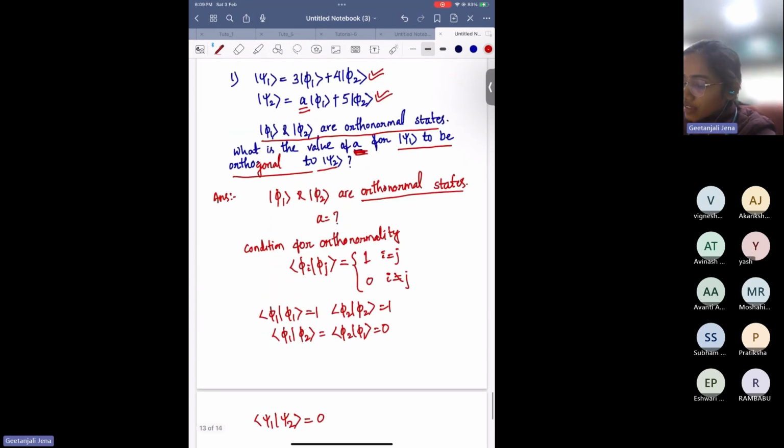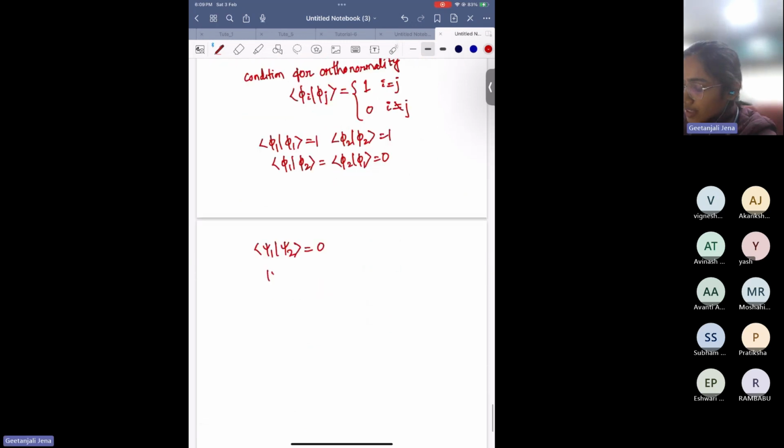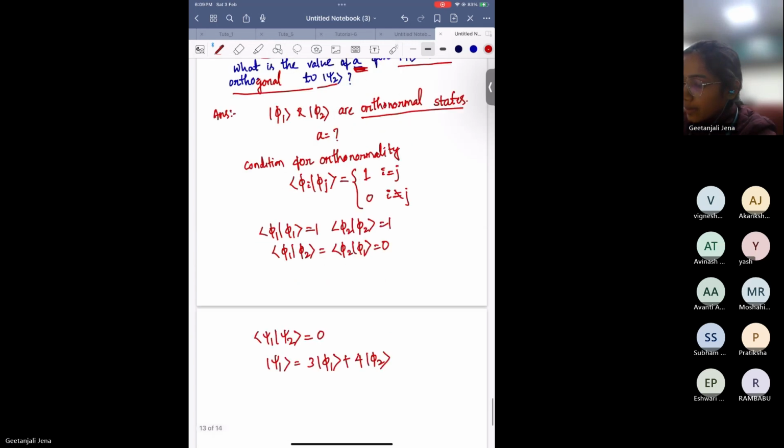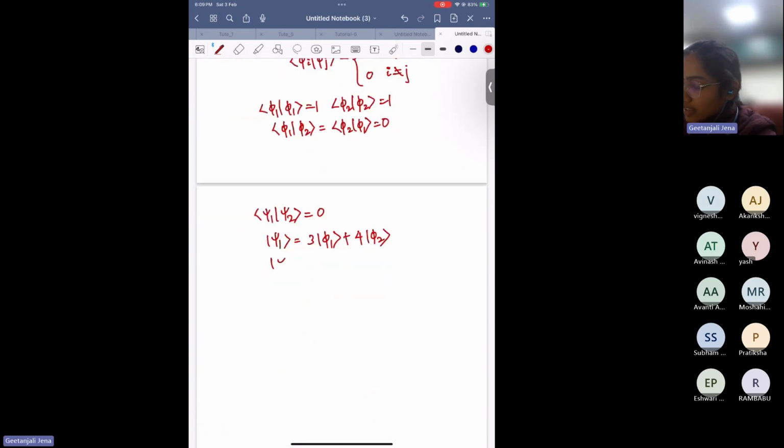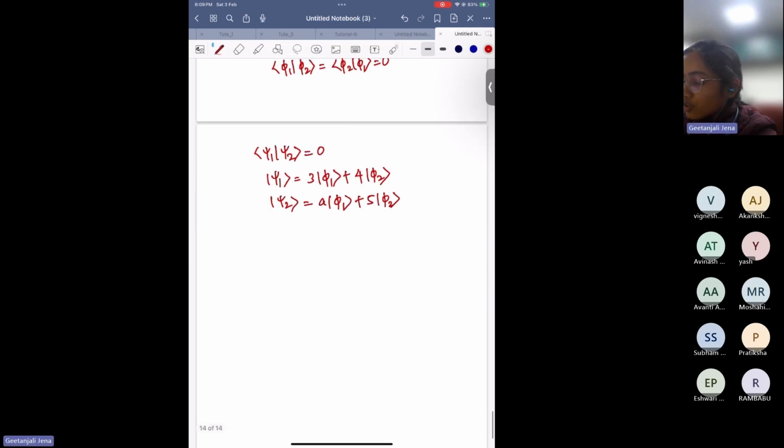Psi1 is given as 3 phi1 plus 4 phi2, and psi2 is a phi1 plus 5 phi2.